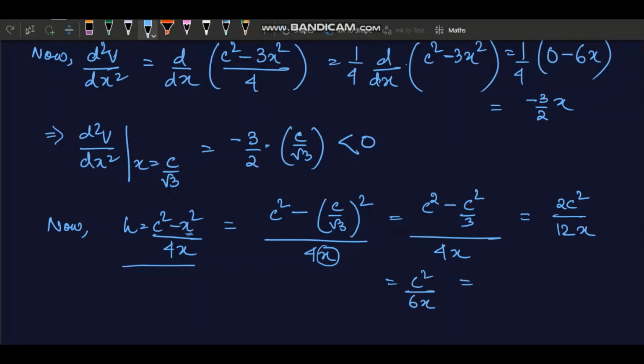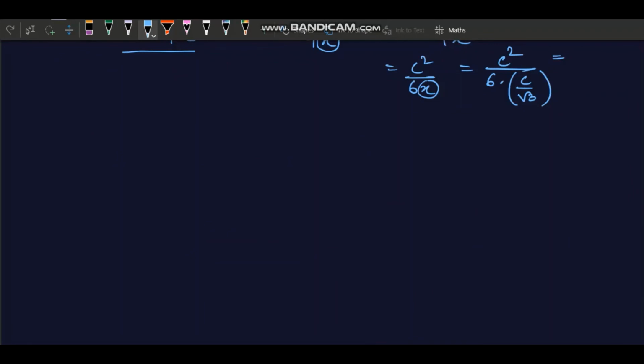Now in place of this x in the denominator, again we will put c/√3. So we have c²/(6 into c/√3). So what are we getting? The value of h after a little bit of calculation is coming out to be c²/(2√3 c).